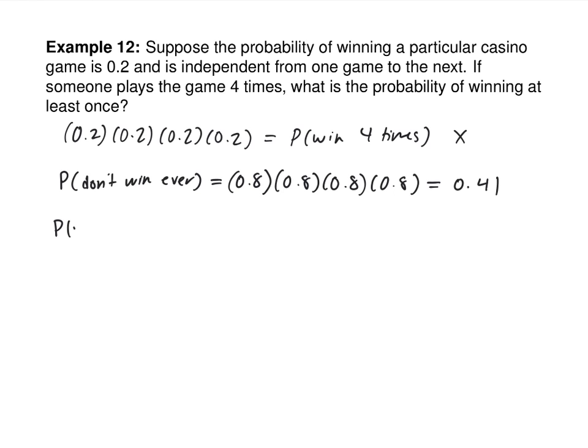What's the probability that you're going to win at least once? How is it related to not winning? It's 1 minus that number, right? It's the complement of this. So that's 0.59?